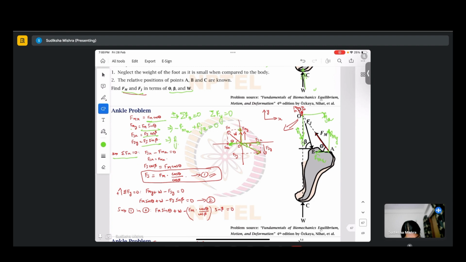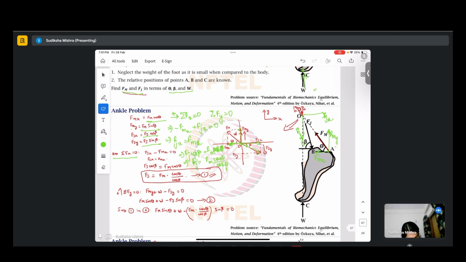So Fjx is equal to Fmx in magnitude, and so Fjx we know is Fj cos beta, and Fmx is Fm cos theta. So Fj essentially is Fm cos theta by cos beta. So we now have Fj in form of Fm.